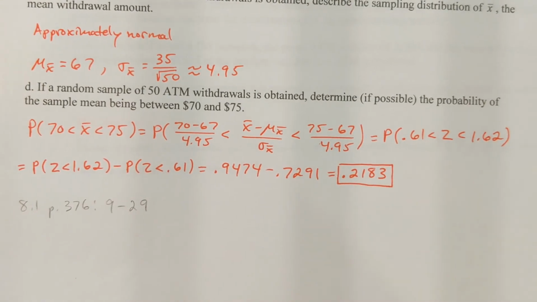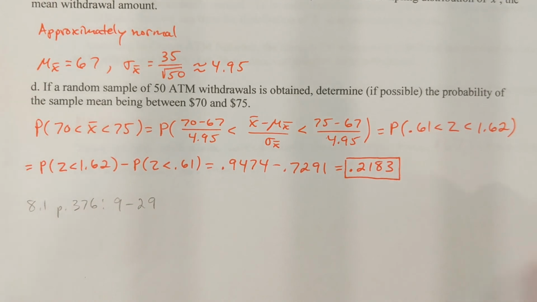Subtract those numbers and you get 0.2183, the answer to Part D. What that means is if we were to randomly select 50 ATM withdrawal amounts and find the mean, we have a 21.83% chance that the mean of those 50 amounts would be some number between $70 and $75.